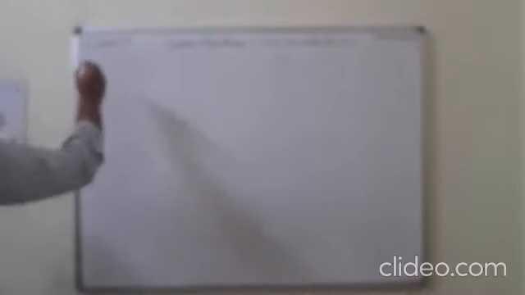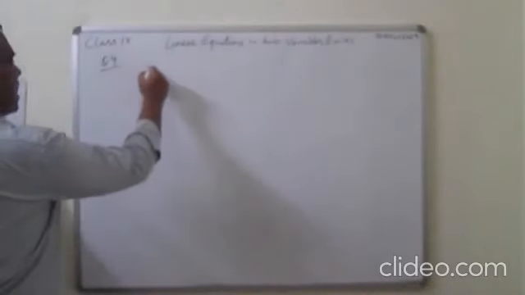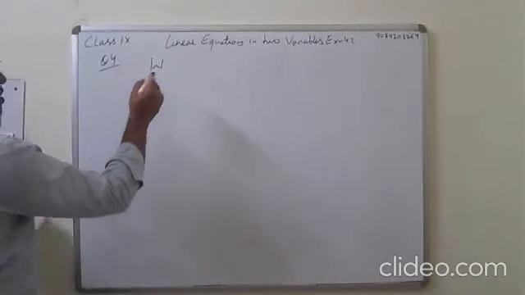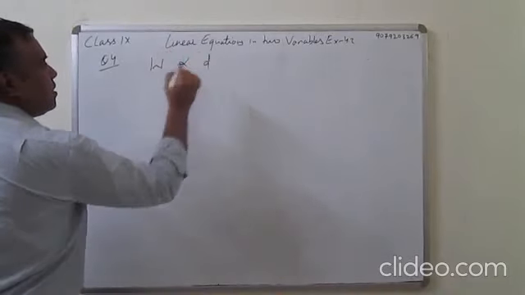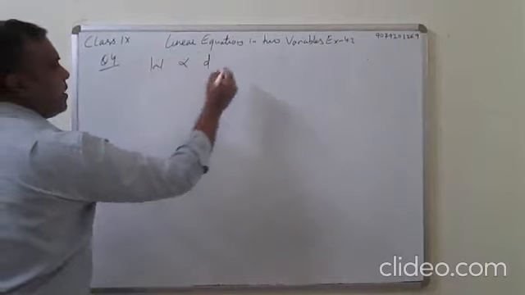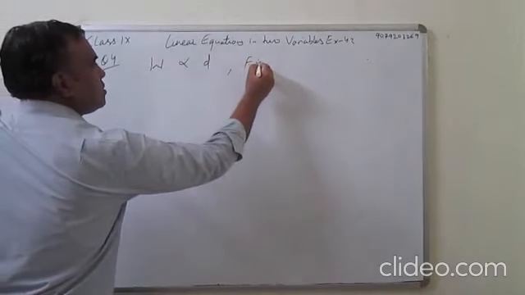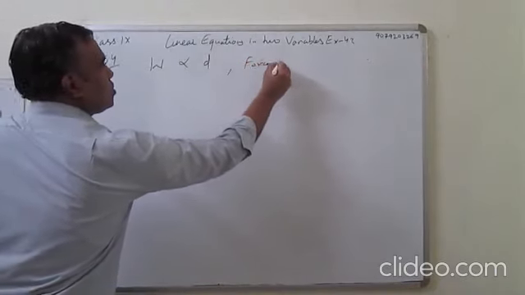Question 4. The work done on a body by application of a constant force is directly proportional to the distance traveled by the body. Work done is directly proportional to the distance traveled by the body and force is constant.